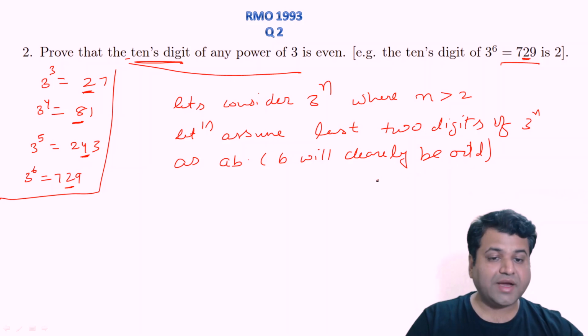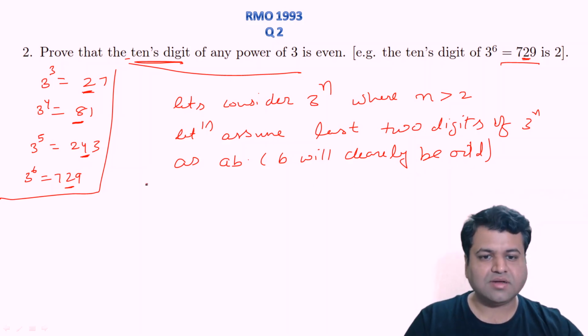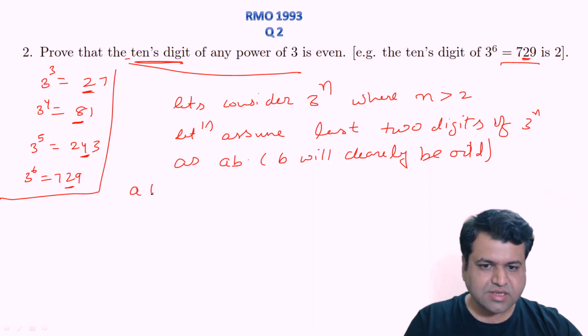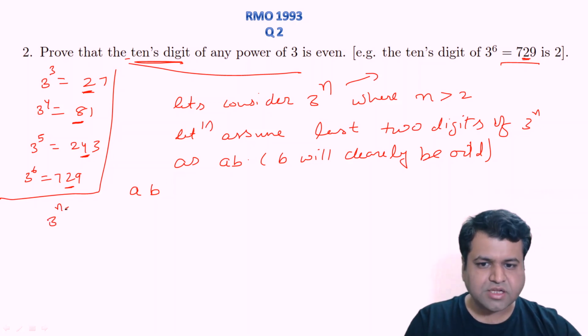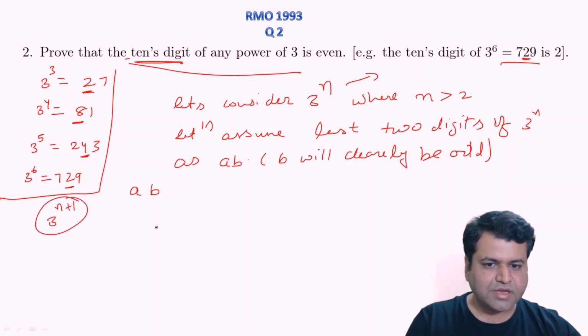My writing is not that good, so please try to listen to what I am saying. So let's consider the next power, that is, 3 power n plus 1. How will we get 3 power n plus 1? We will simply multiply AB by 3, right?